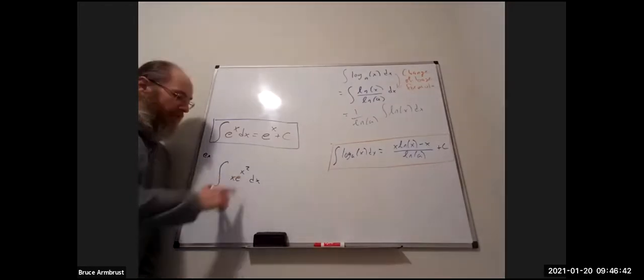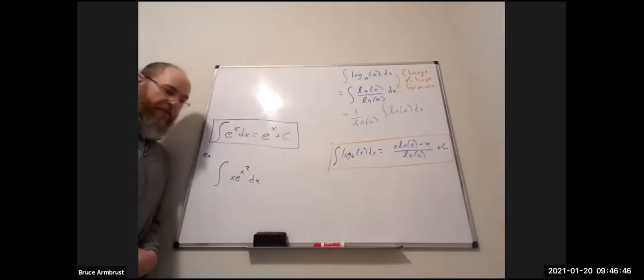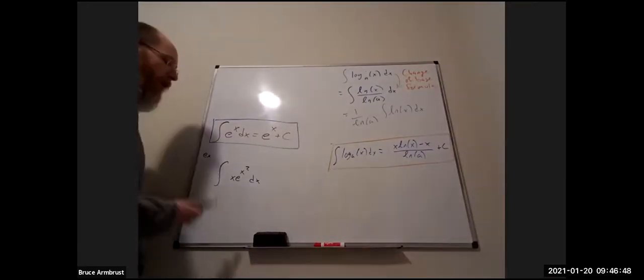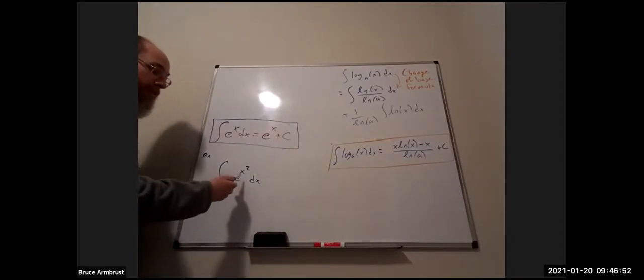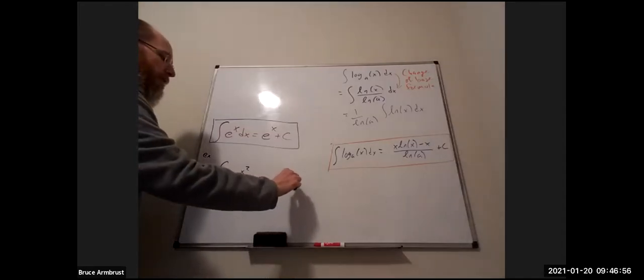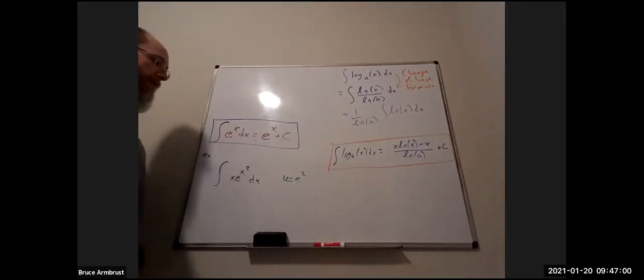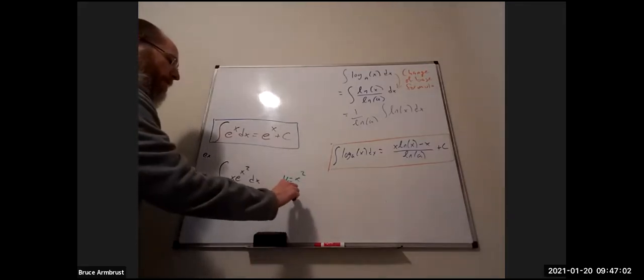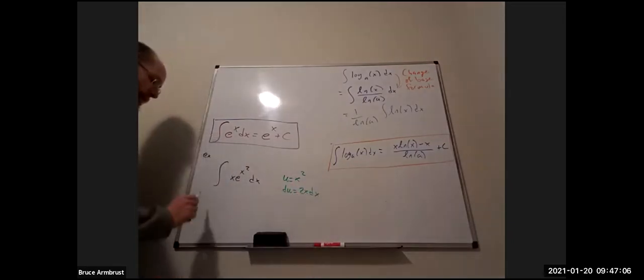But since it's not just x, this is one where we'd need to do a substitution. So obviously the best choice would be if this was e to the u. So let's let u equal x squared. So then du is equal to 2x dx.